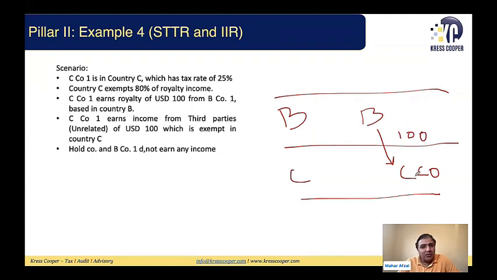The overall corporate tax is 25%, but the tax rate for the royalty is 25% into 80% exempt, which will be equal to 4%.